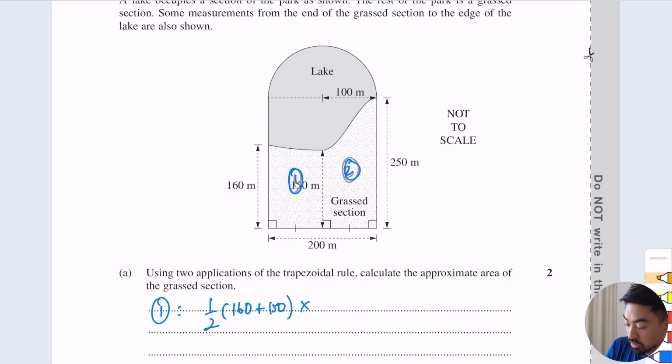Now this is split evenly over 200, so that has to be 100, that has to be 100, so our height is 100. Our area 2 similarly is our parallel sides, 150 plus 250 times 100, and we just got to add these two together.